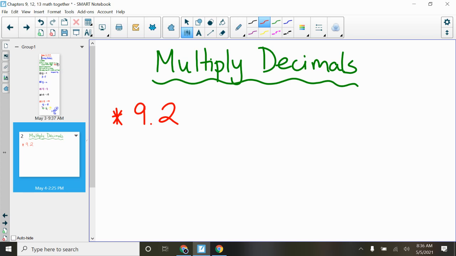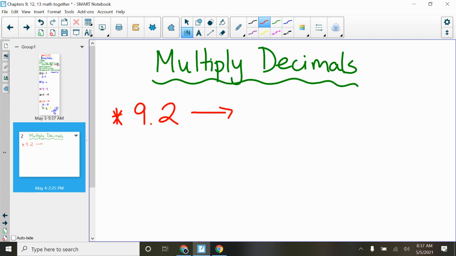So if this decimal right here has a name of 9 and 2/10, how do you think you would turn that into a fraction? If I told you to come to the board and I said, write the fraction 9 and 2/10 on the board, what would you write? You're making this harder than what it is, Shane. It's just 9 and 2/10.